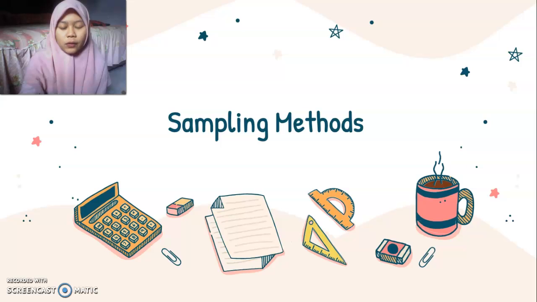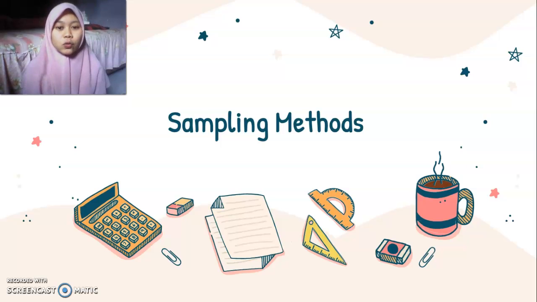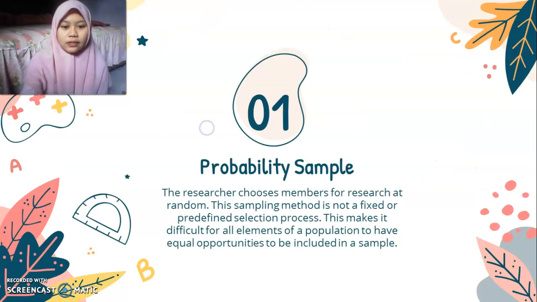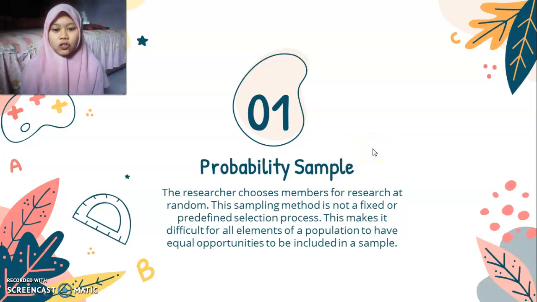Next, now we continue to the second topic about sampling methods. Sampling methods are divided into two: first is probability methods and second is non-probability methods. First, probability sample. The researcher chooses members for research at random.